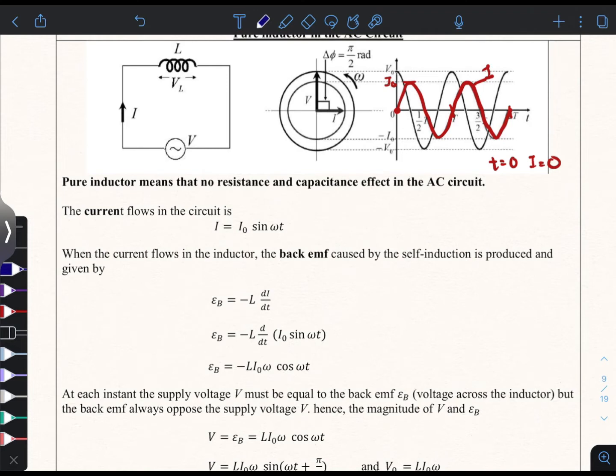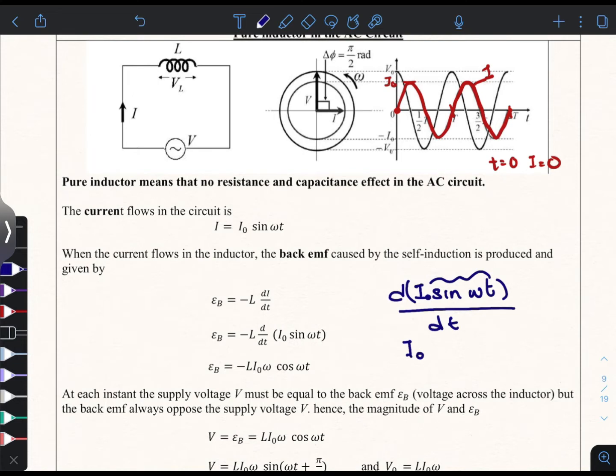As we differentiate, we only differentiate the term in t. The I naught in front of sine omega t we do not disturb, just rewrite your I naught.